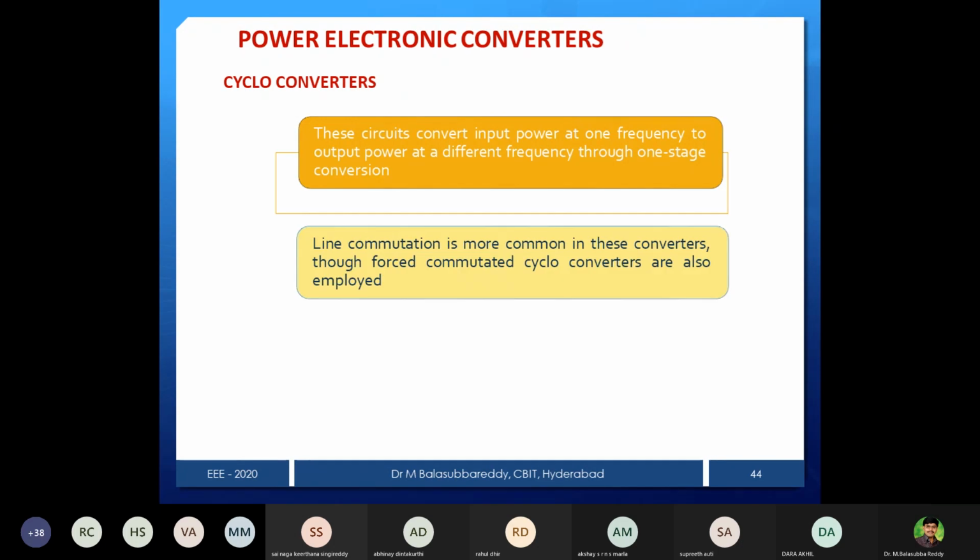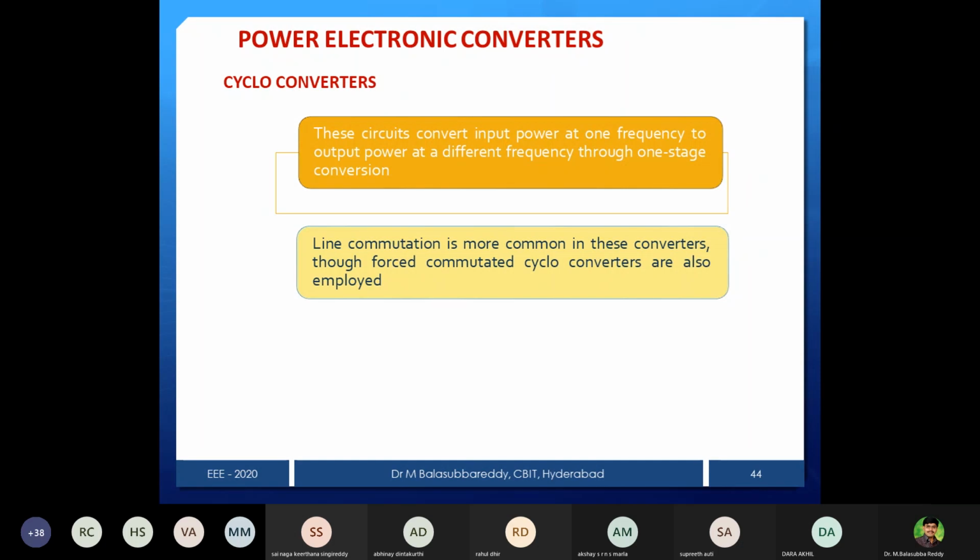And then line commutation is more common in these converters. But one forced commutation is also required for the step up cycloconverter. For the step down cycloconverter, line commutation or natural commutation only. But for forced commutation, the device needs to turn off forcibly before pi.